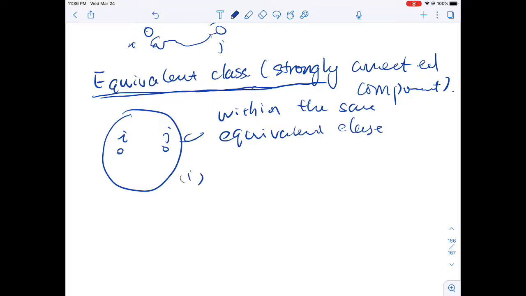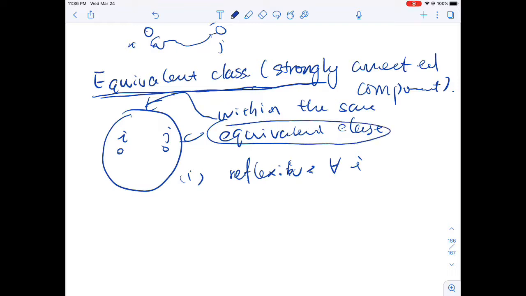The first condition is that it's reflexive. That means for any state i in this whole equivalent class, i communicates to i, right? What do I mean by i communicates to i?